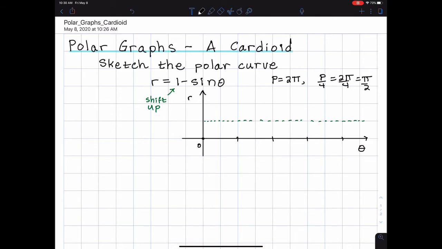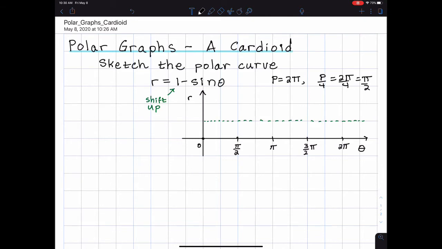It's just a little bit of trouble if I do that, so I'm not going to worry about that. So I have 0, and then I add a fourth of the period, which gives me pi over 2. Another fourth, which gives me 2 halves, which is pi. Another pi over 2 gives 3 halves, and then I get 4 halves, which is 2 pi.